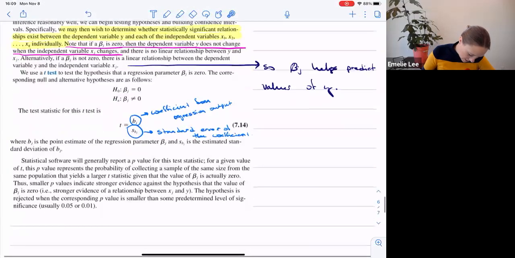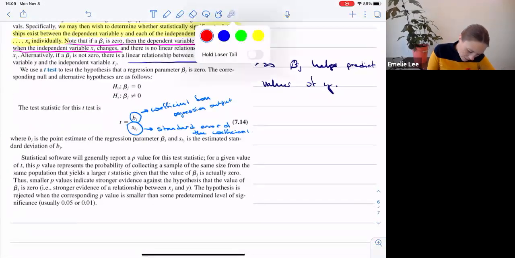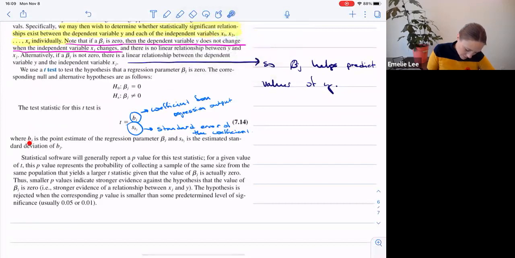So here, the point estimate and the standard error, or the standard deviation. Statistical software will generally report a p-value for this test statistic. It is a t, and we could talk about the degrees of freedom, but it's always included, so we don't need to worry about that.